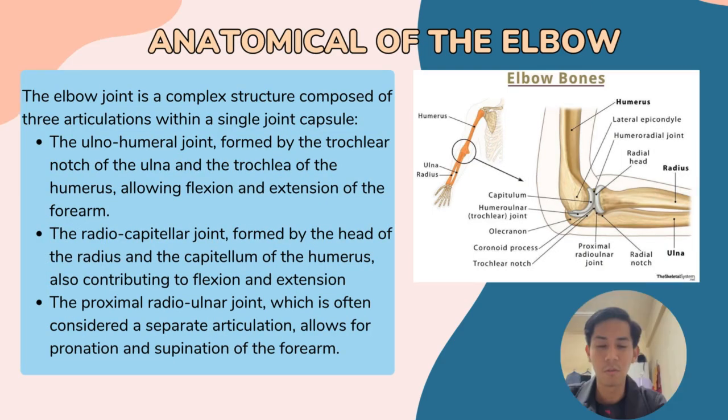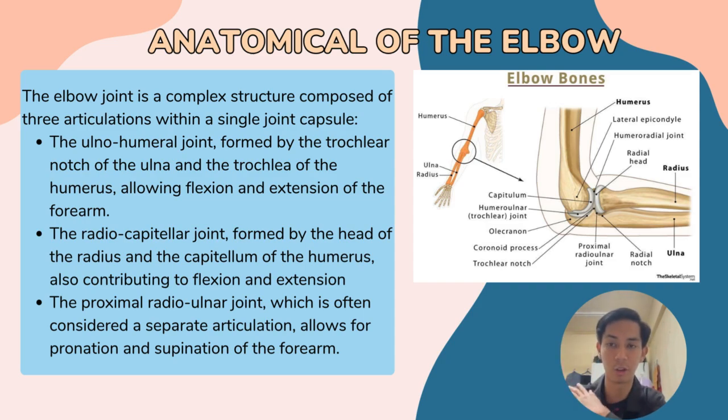For the first part, I will explain the anatomical perspective of the elbow. As you know, the elbow is a joint of complex structure that plays a crucial role in the upper extremity, as the mechanical linkage between the hand, wrist, and shoulder. It consists of three articulations within its joint capsule: the ulnar-humeral joint, the radiocapitular joint, and the proximal radio-ulnar joint.